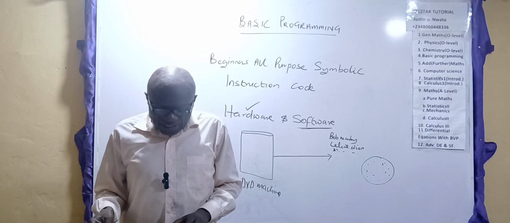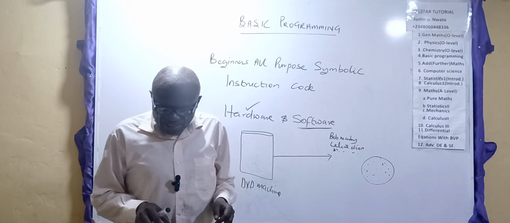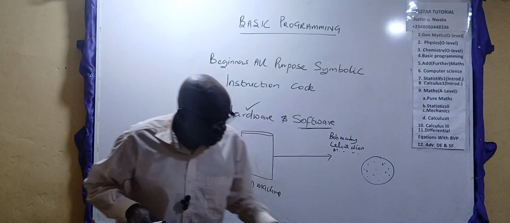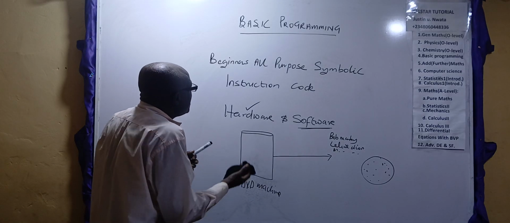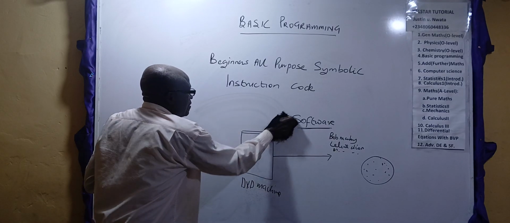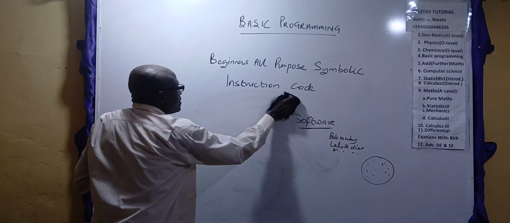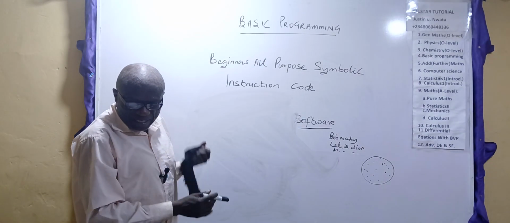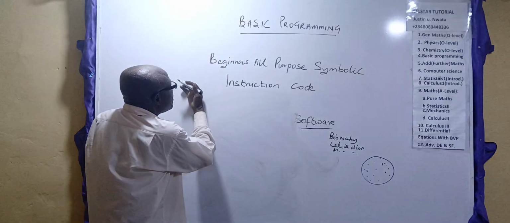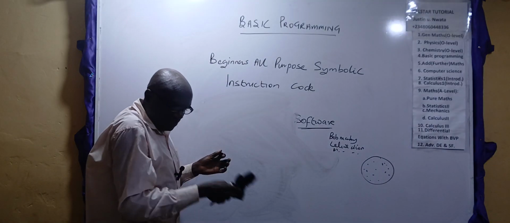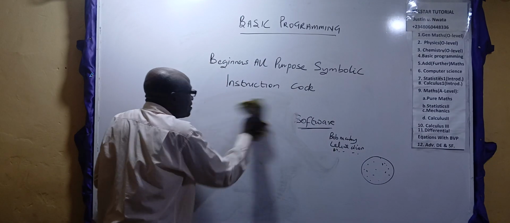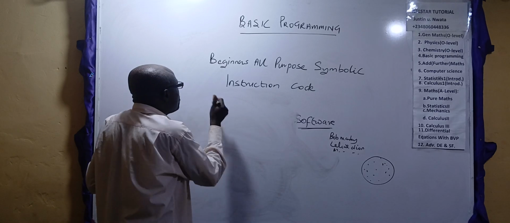Since it came out in 1964, it has undergone some improvements, and when they improve it, they call it another name. That's why if you go to the market, we have different names for it. We have what we call GW Basic.